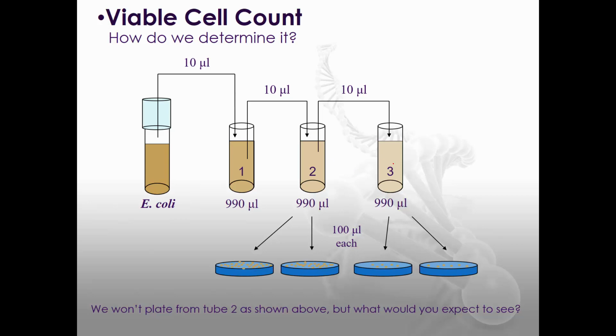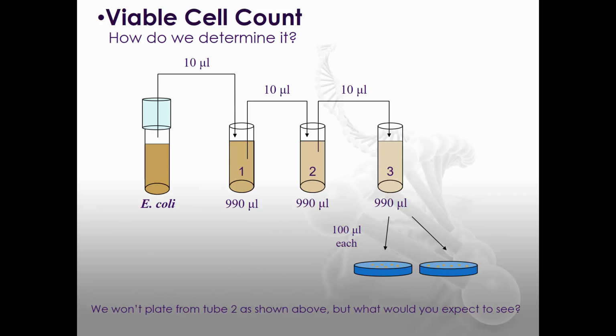How much is each one of these dilutions? Now, we didn't actually do this plating here from tube 2, but can you figure out what this dilution is? If so, you can figure out what the number of colonies should be. That should be an easy problem.